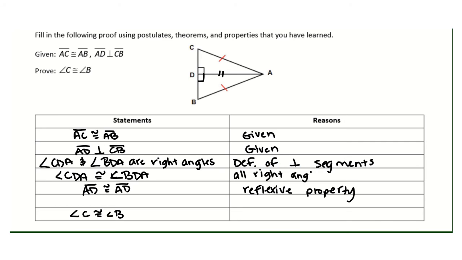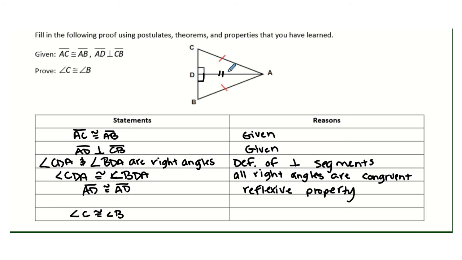It may seem silly because it seems obvious, but we have to prove everything that we know. We can't just assume that the reader knows that all right angles are congruent. Because of the definition of perpendicular lines, we have to state it. And then we came to this part right here where this line is congruent to itself because of the reflexive property.